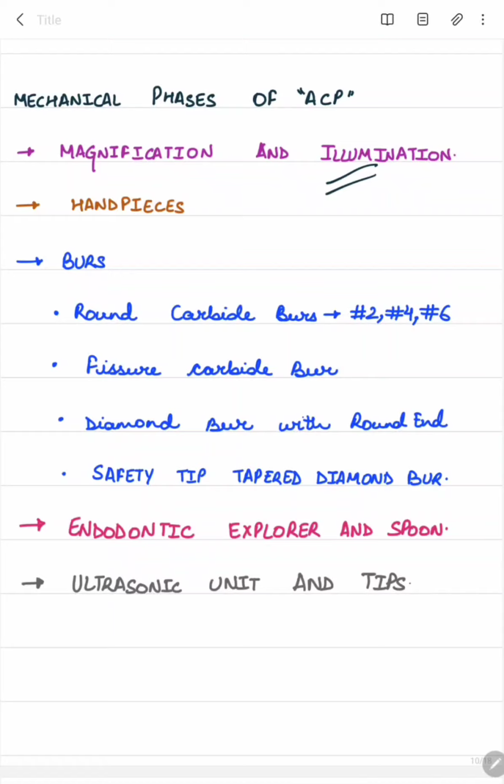After that, safety tip tapered diamond burs are also used. Safety tip because the tip is non-cutting basically, right? After that, endodontic explorers and spoons that are used to locate the canal orifices basically. And lastly, ultrasonic unit and tips to clean the pulp floor, you can say.